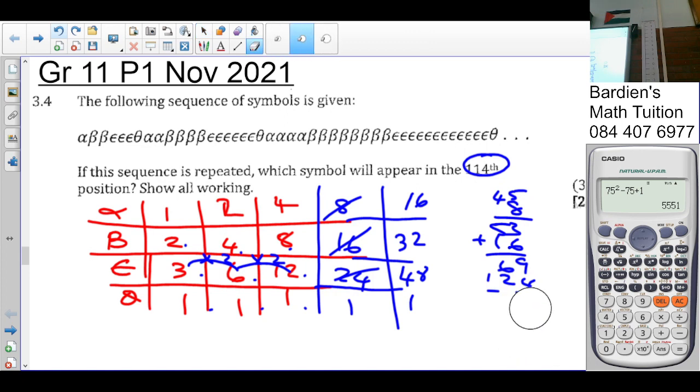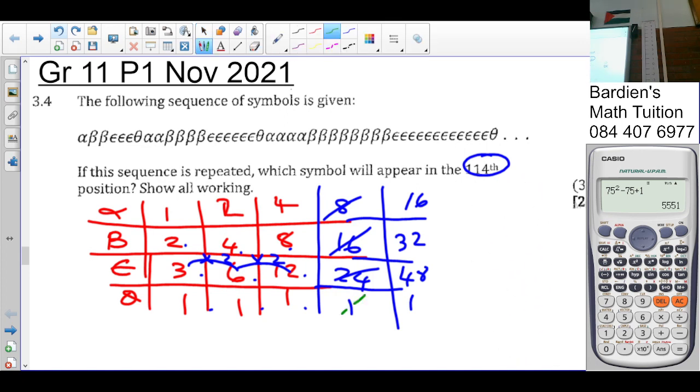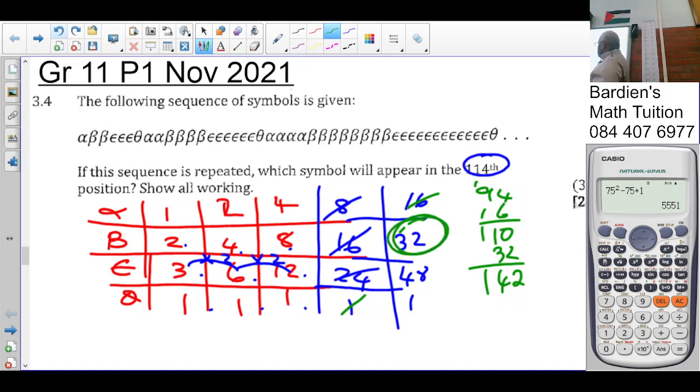So I'm standing at 94 now, plus 16 is going to give you 110. Then plus 32 is going to be 142. So that means from 111 to the 142nd character, it will be theta. So therefore, the 114th term or character will be theta.